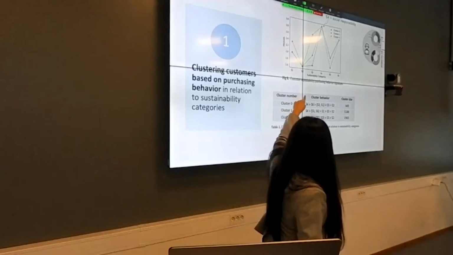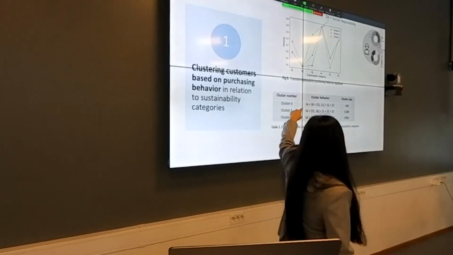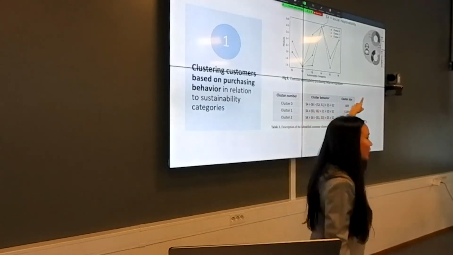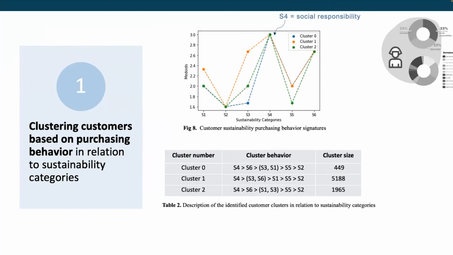And each dotted line represents 1 preference model. And now you can see why I would like to draw that illustration, because 1 pie chart on top equals 1 dotted line, if you can understand. And these 6 categories, S1 to S6, are those in the index. What it means is that, for example, for cluster 1, the orange line, we have that many customer accounts, 5,000, whose behavior is similar to that line.